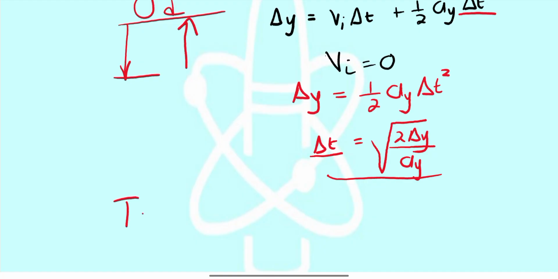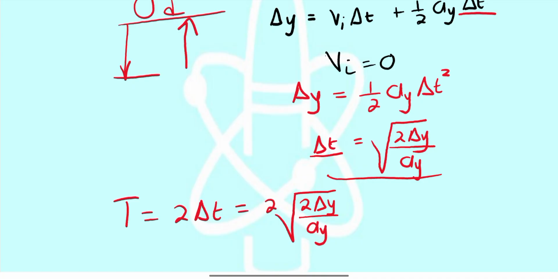You know, the period is the time taken by the ball to go down and then back up. So we multiply this time by 2, which is 2 multiplied by the square root of 2 delta y over the acceleration.